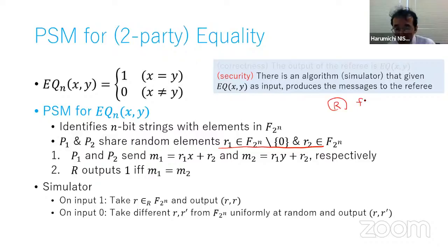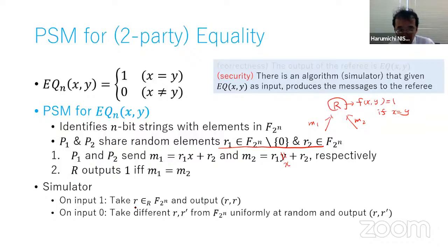First, the referee outputs f(x,y), which is 1 if x equals y. In this case, the messages M1 and M2 are the same because x equals y, and the mask means this is a completely random element.